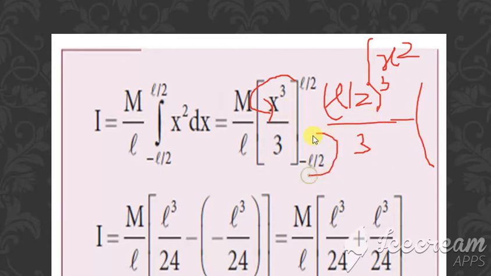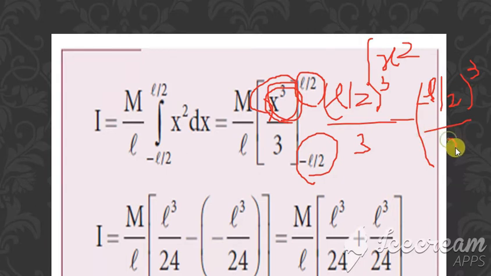So in place of x cube, we apply the limit, L by 2 the whole cube. In the same way for the lower limit, we get minus L by 2 the whole cube, divided by 3. If we find the cube value, L by 2 the whole cube gives L cube divided by 2 to the 4, 4 to the 8, so divided by 8, divided by 3.